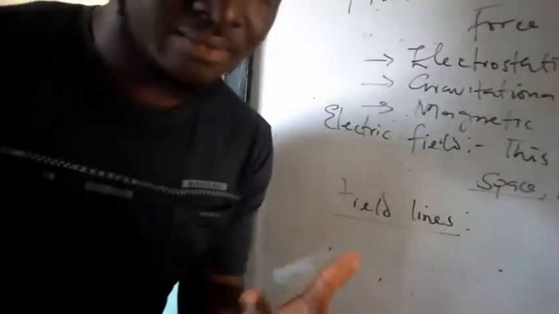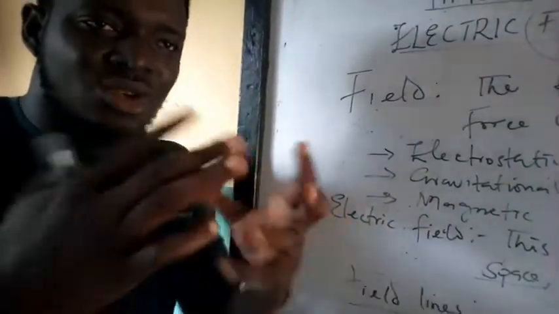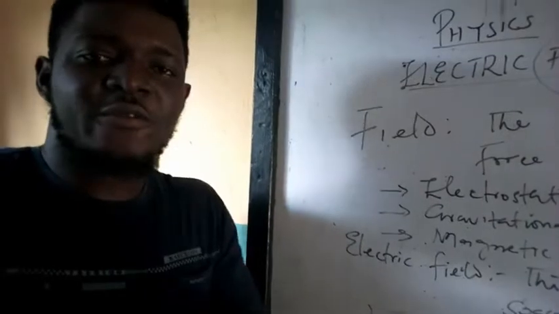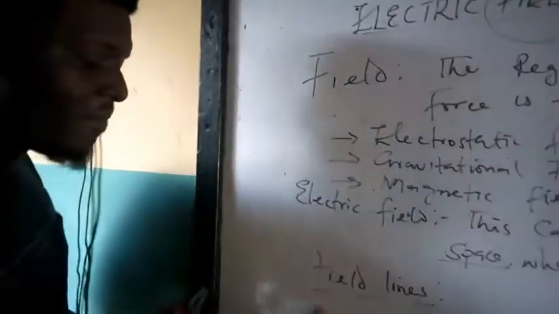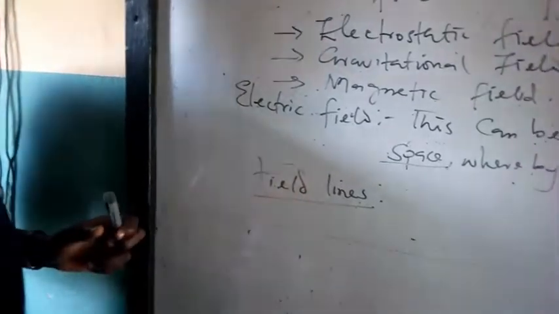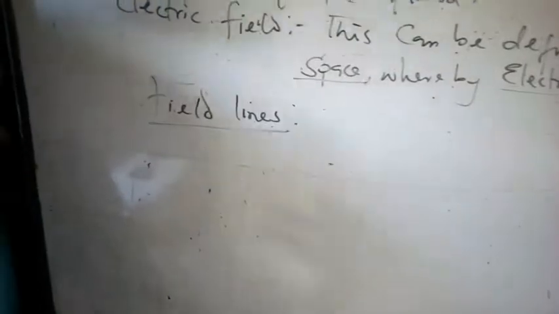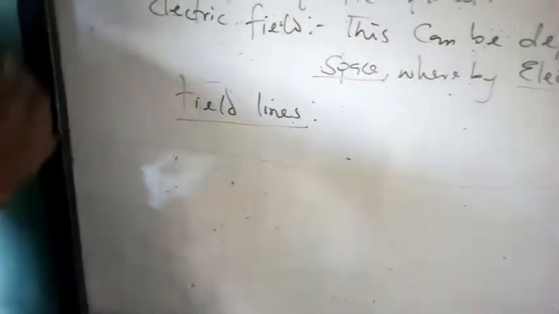Now, you are not seeing these lines. They are imaginary lines drawn to describe the behavior of a field. From here, I will give respect to Michael Faraday, who came up with the field line. He said it's an imaginary line, although we're going to be still talking about the properties of field line.